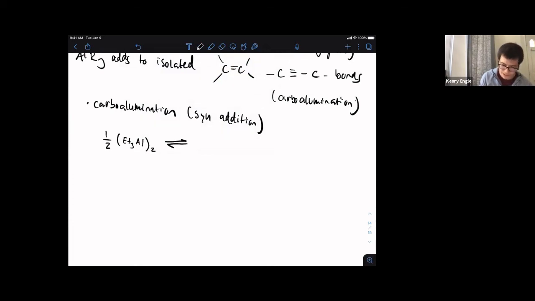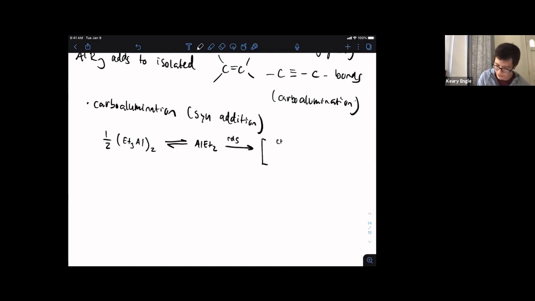As we've seen over and over again, this is dimeric in solution. And so for this to react, the first thing that has to happen is equilibration to the monomeric form. So fast equilibrium followed by the rate determining step, which is the carboalumination process.